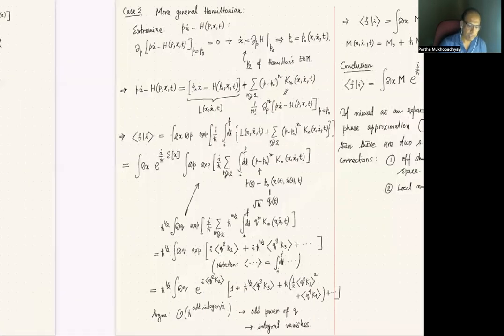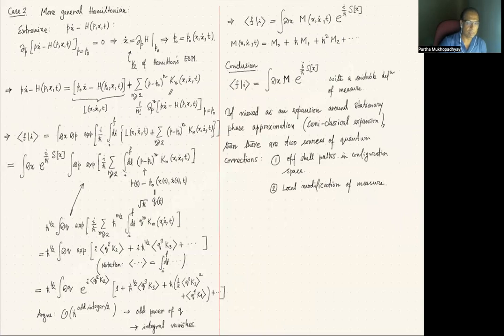Now, when the Hamiltonian has a more general, arbitrary dependence on momentum, there is no way to do the integration. If you don't know the function, you cannot do the integration. So the momentum part of the phase space path integral cannot be performed unless we resort to a certain type of approximation.